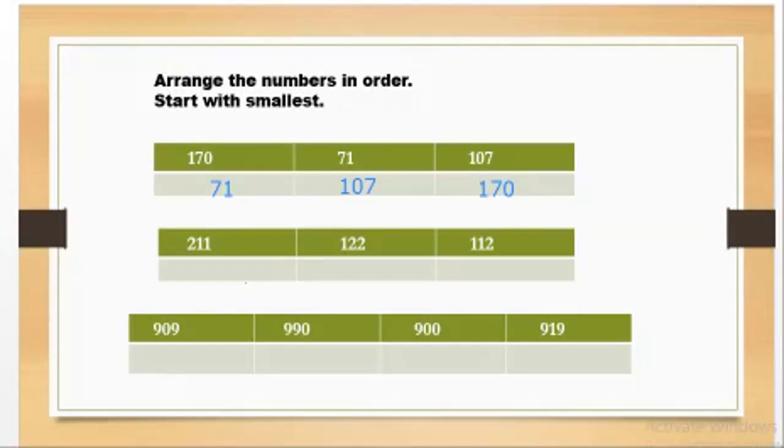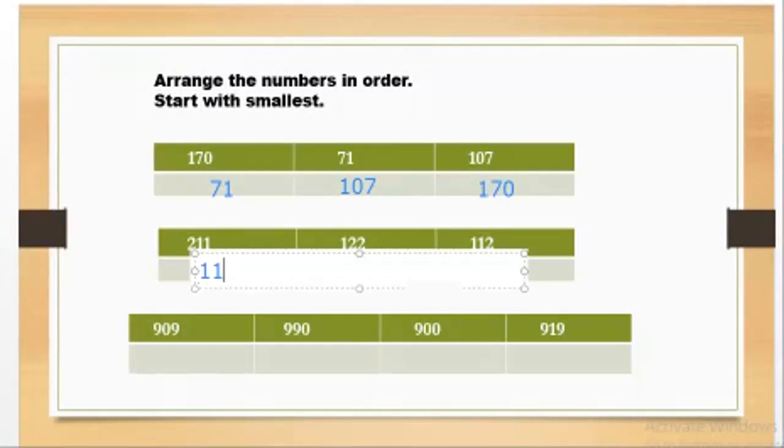That is 122 or 112. If you read the numbers, you can easily find out which is the smaller number. Do you know the answer? Yes, it's 112, the smallest number between these two numbers.